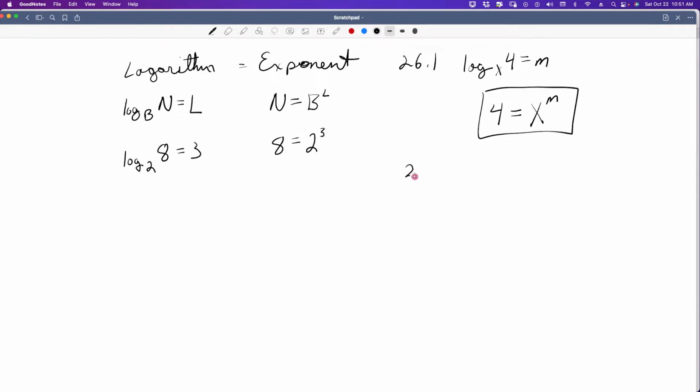Let's try another one. 26.2. We have the log, or actually it's the other way around. We have 4 is equal to 3 to the y. We're going to write that in logarithmic form. The log of the base 3, which gives us 4, is equal to y.